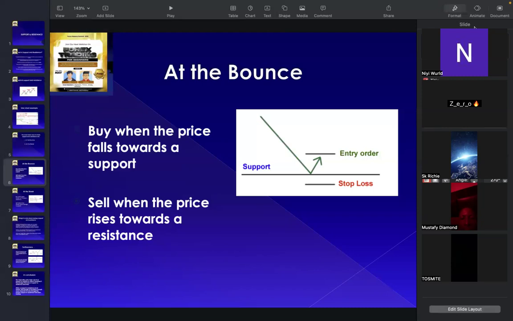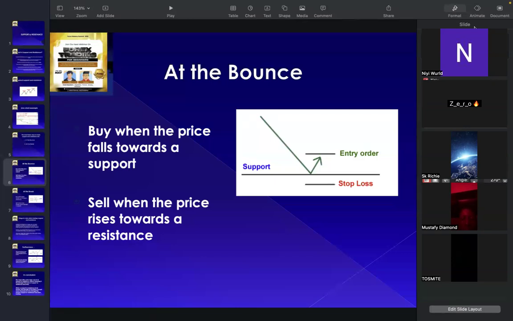He has explained what support and resistance means typically on the chart and what it means to trade support and resistance. We don't trade when a market is already on the move. We trade either when market comes back at a bounce or when market breaks a particular level, probably a support level or a resistance level.